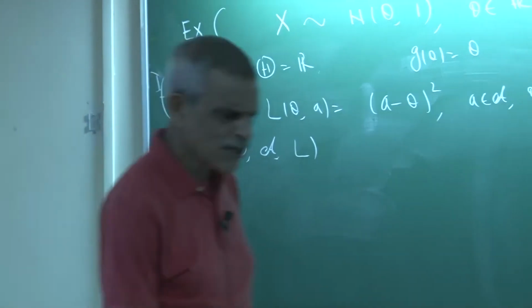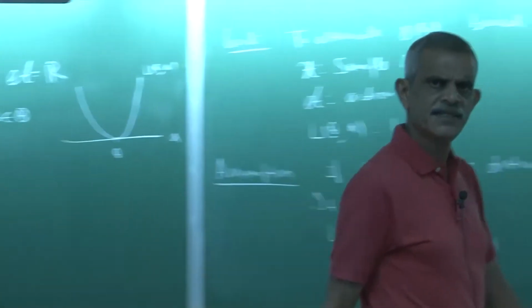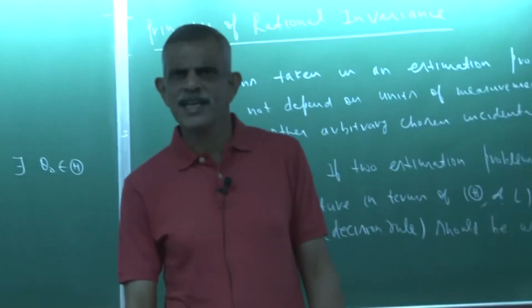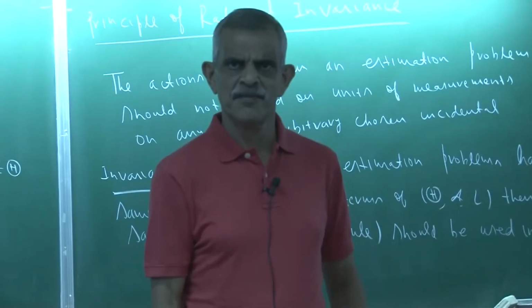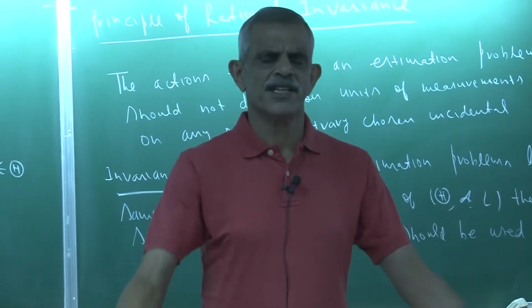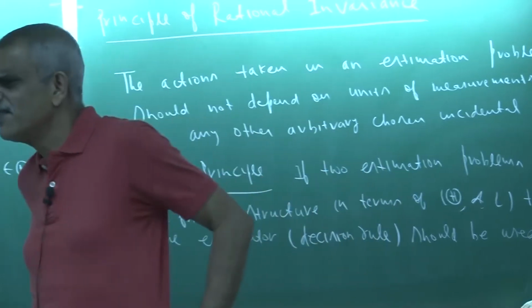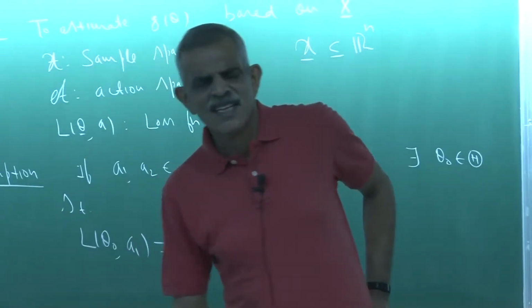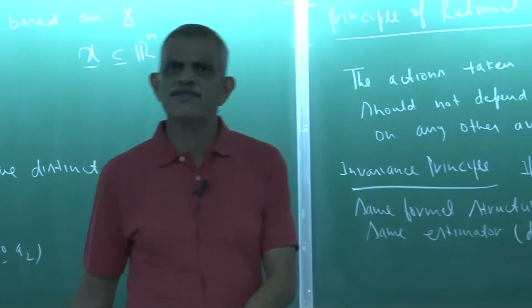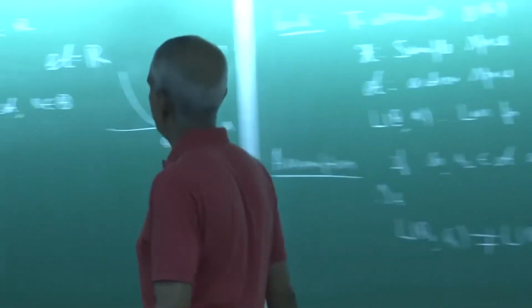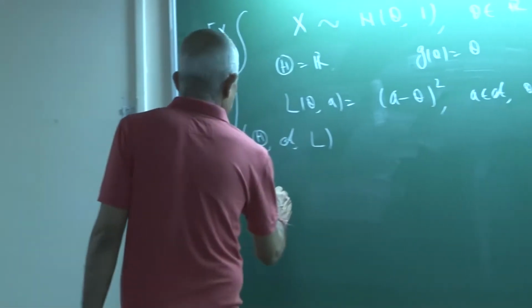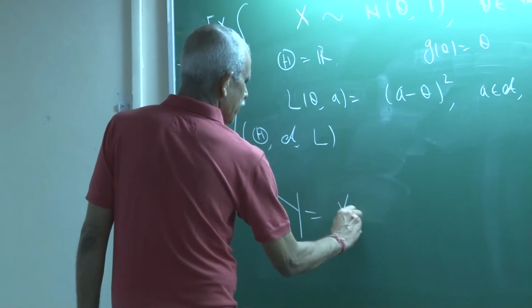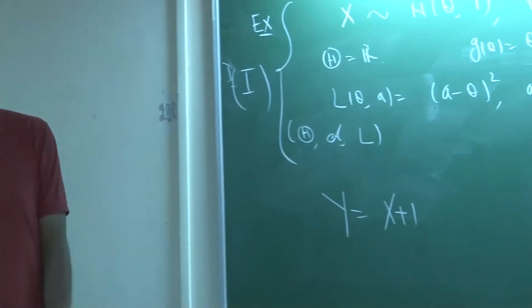Now somebody says that, look, you are measuring everything in terms of x. I will not measure x, I will measure x plus 1. X plus 1 may correspond to a certain transformation which may be treated as a change in unit of measurement. So rather than x, I am using y equal to x plus 1.